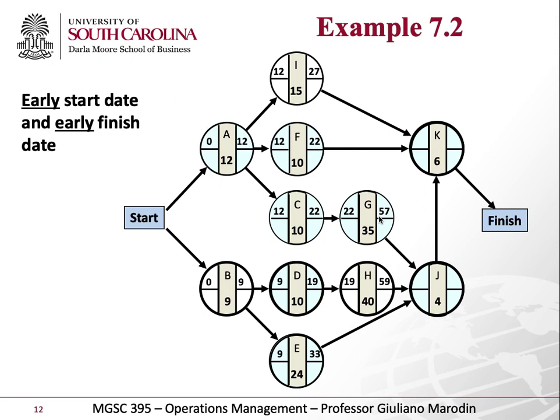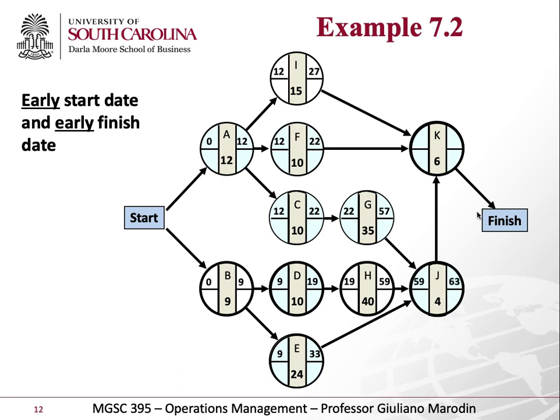Can I start J at week 57? No, I can't, because H is not finished. So I have to look at the highest number of those three, and it's 59. I have to start J at 59 because if I start before that, H will not be ready, okay? So if I start at 59, plus 4 is going to be 63.